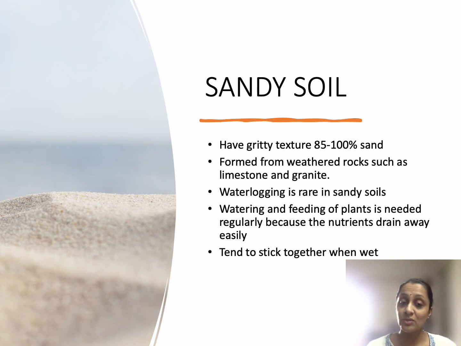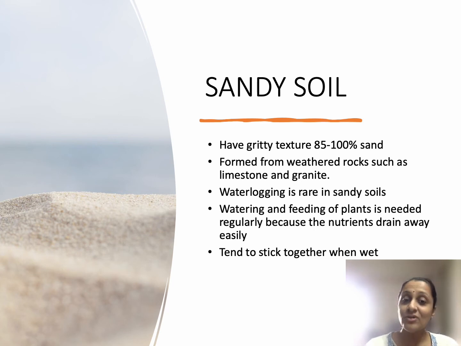Now rocks are also of different types. And different types of rocks will make different types of soil according to the places they are coming from. So sand is basically made from limestone and granite. When you go to Rajasthan, you must have seen there's a lot of sand over there, and the homes, palaces and monuments are also made up of sandstone.